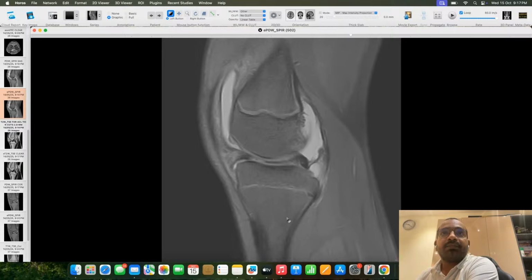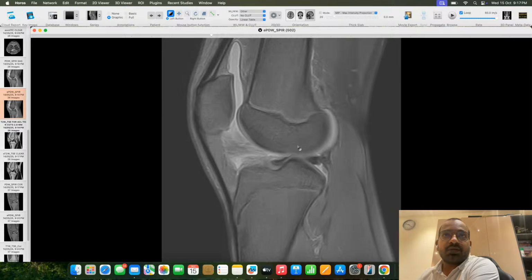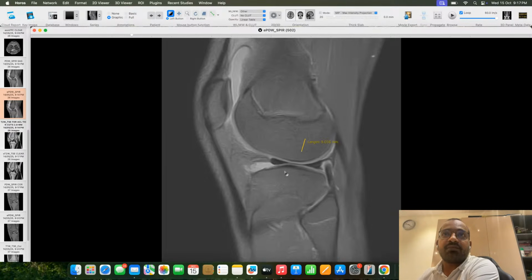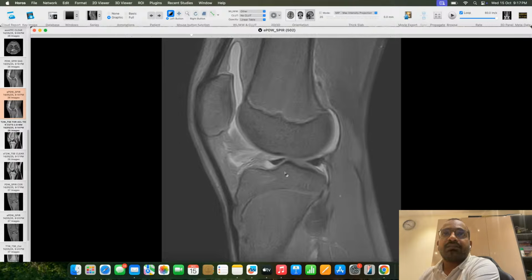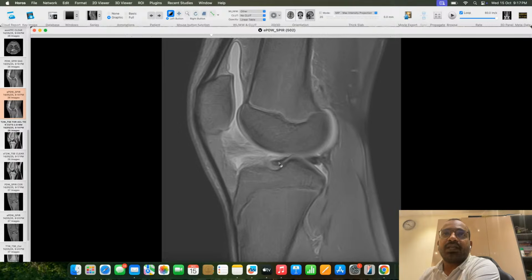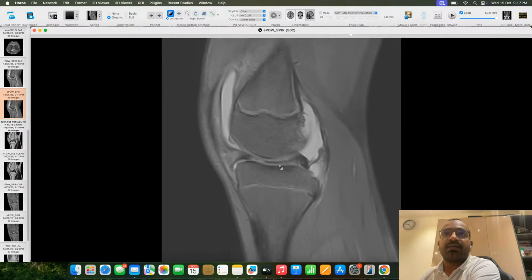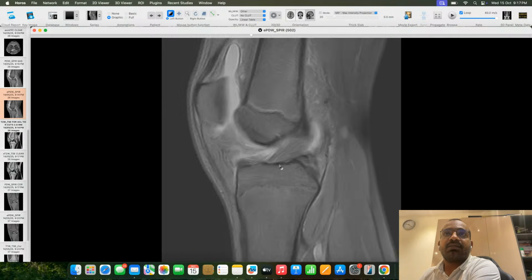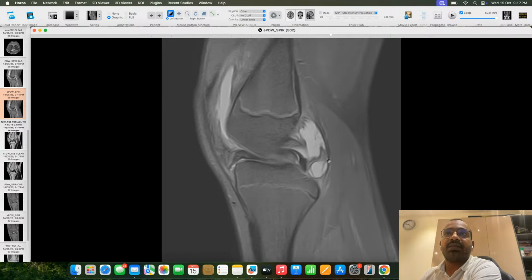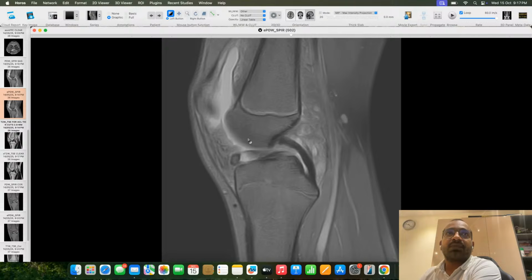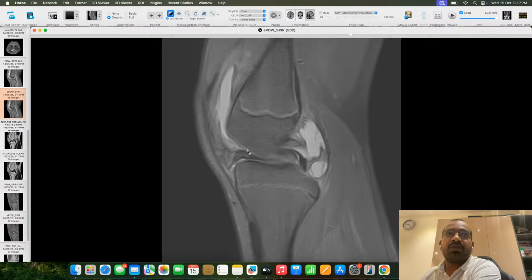So any other thing we saw: mucoid degeneration of the anterior cruciate ligament, bucket handle tear of the medial meniscus, and mild edema of the anterior root of the lateral meniscus. This is all fluid which is communicating with each other, communicating fluid within the joint.